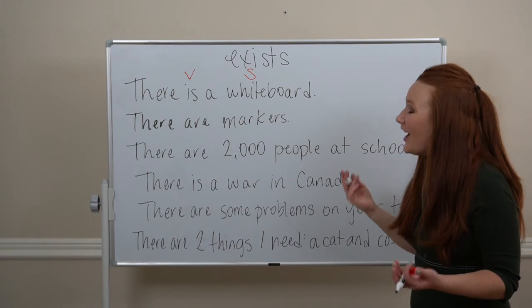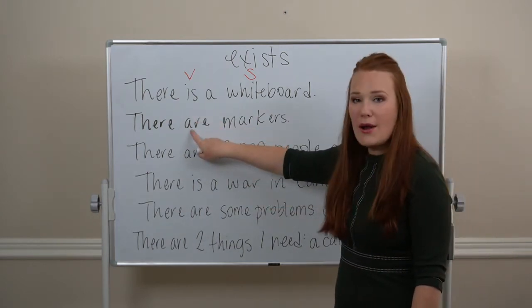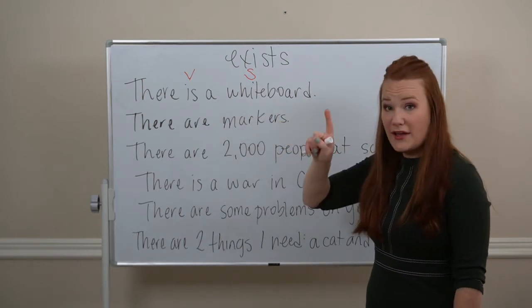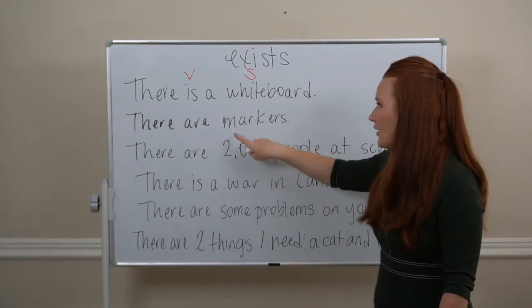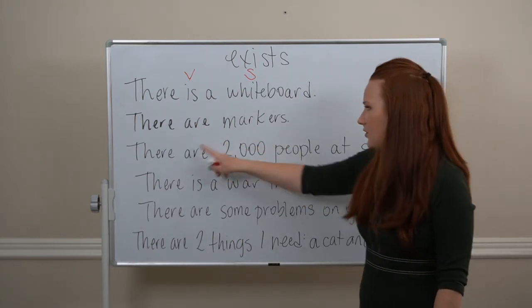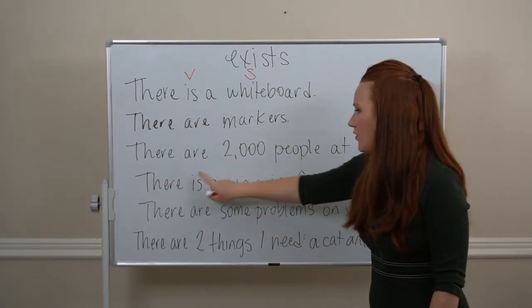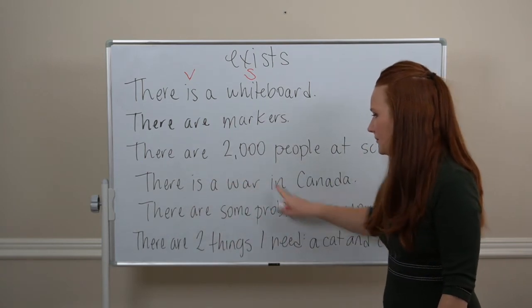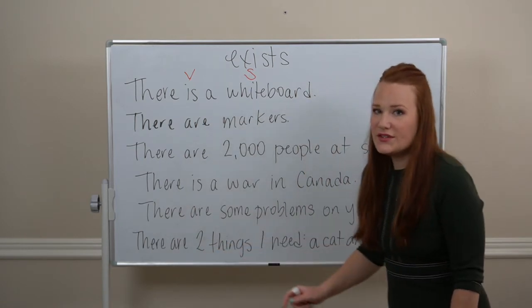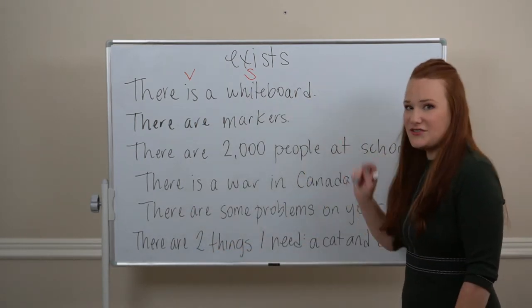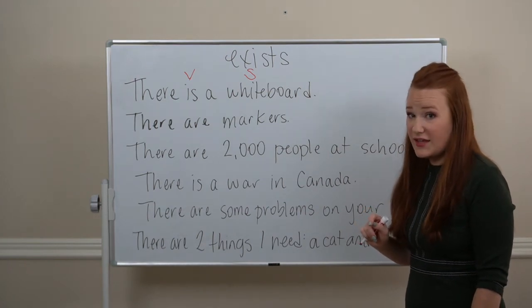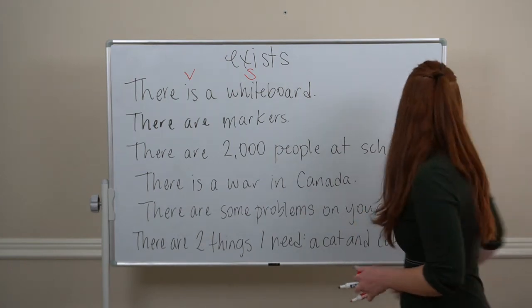So you conjugate is or are based on the next word. A whiteboard, just one, is. Markers, 2, are. 2,000 people, are. A war, is. Problems, are. Things, are. So the subject comes after the verb, and the verb is conjugated based on that subject. All right.